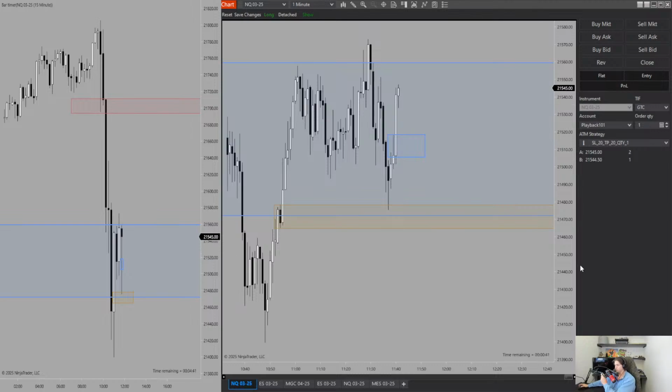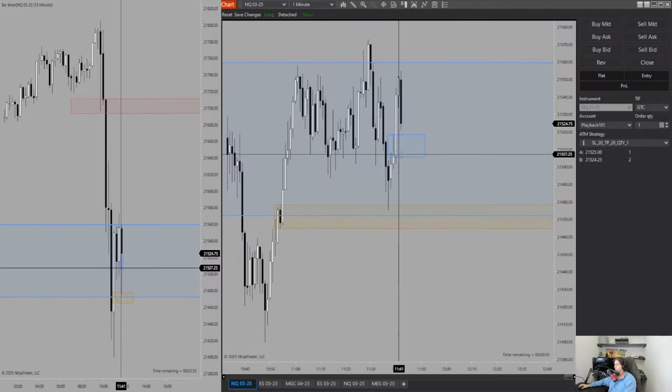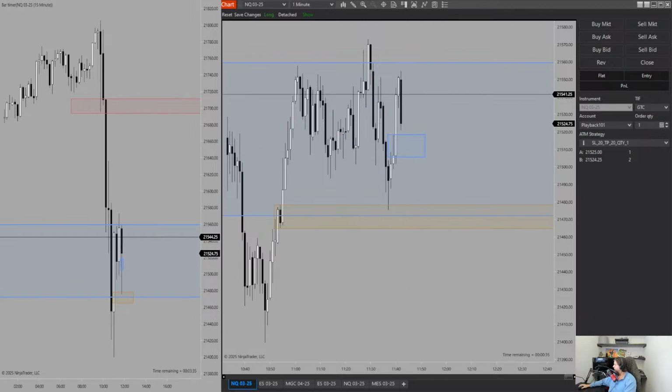Speed it up a little bit. All right, we took this internal liquidity here. So I'm gonna hold off. I'm gonna wait for the reaction around here and check the 5-second chart for a reaction.